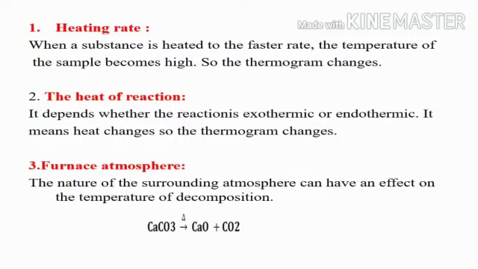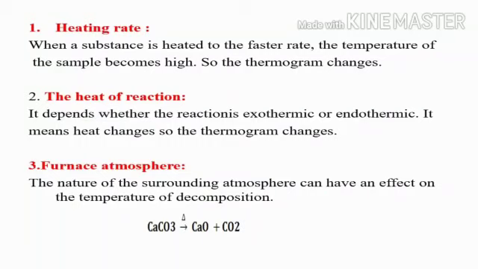Third, furnace atmosphere. The nature of the surrounding atmosphere can have an effect on the temperature of decomposition. For example, instead of nitrogen, if carbon dioxide is used as surrounding atmosphere, the decomposition of calcium carbonate takes place at a much higher temperature.